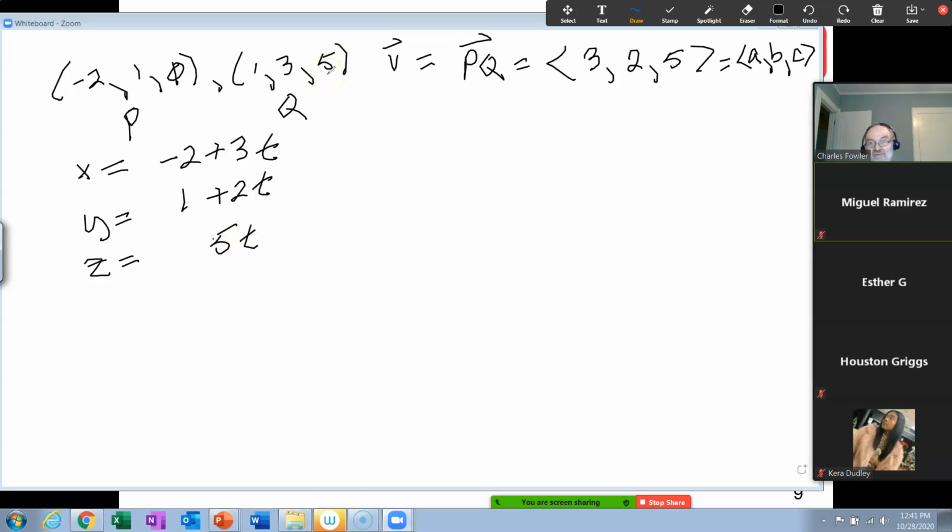So you pick the value t equal to 1, you get the second point. Pick any other t, and you'll have another point that's in the direction of v, or PQ, and is on that line. So that's what we've got there. All right, any questions on that?